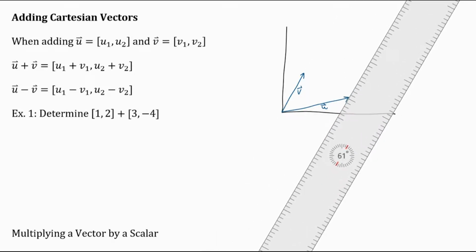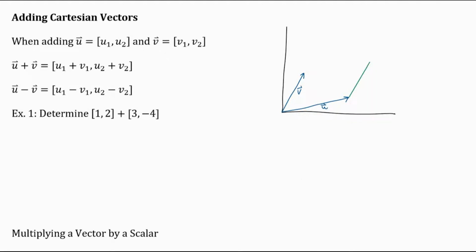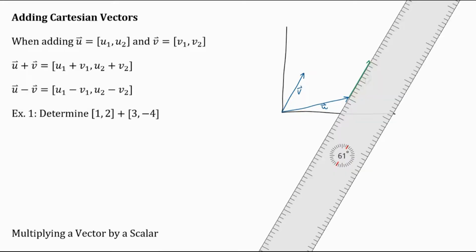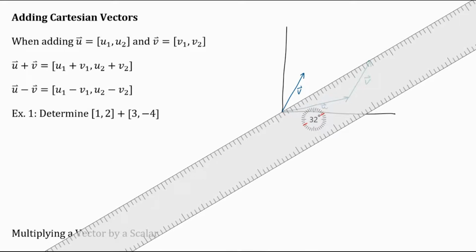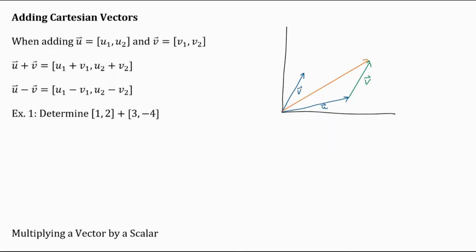It's about 1 unit. So if I take it from here and I move it there, so this is also vector v, then my resultant vector of u plus v becomes, setting them tip to tail, this vector.